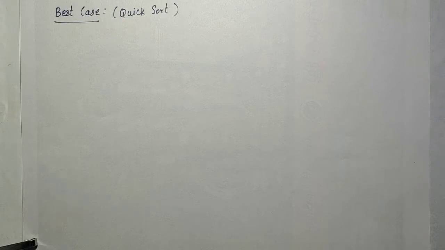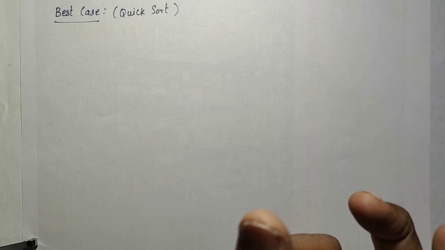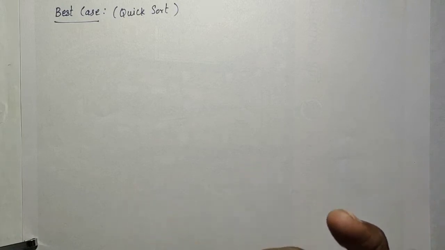It's the worst complexity. And the best case complexity means the case in which quicksort gives the best performance, that is, if the input is divided exactly into two parts of equal size. It means the split occurs exactly at the middle.